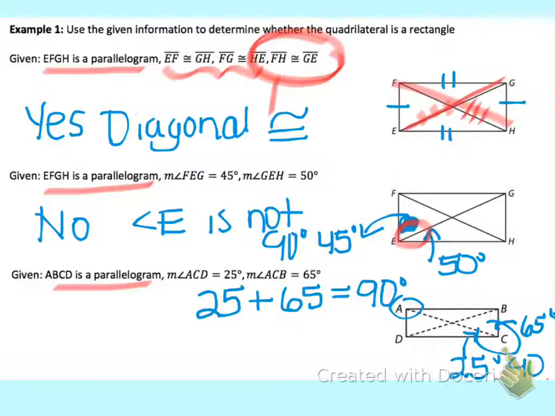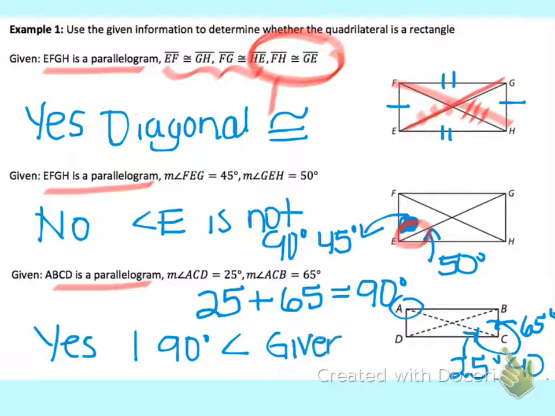So just knowing that one 90 degree angle, that's all I need. It has one 90 degree angle given. And that's enough. With it already being a parallelogram and then throw in, oh, there's a right angle there, that does it. That's enough.